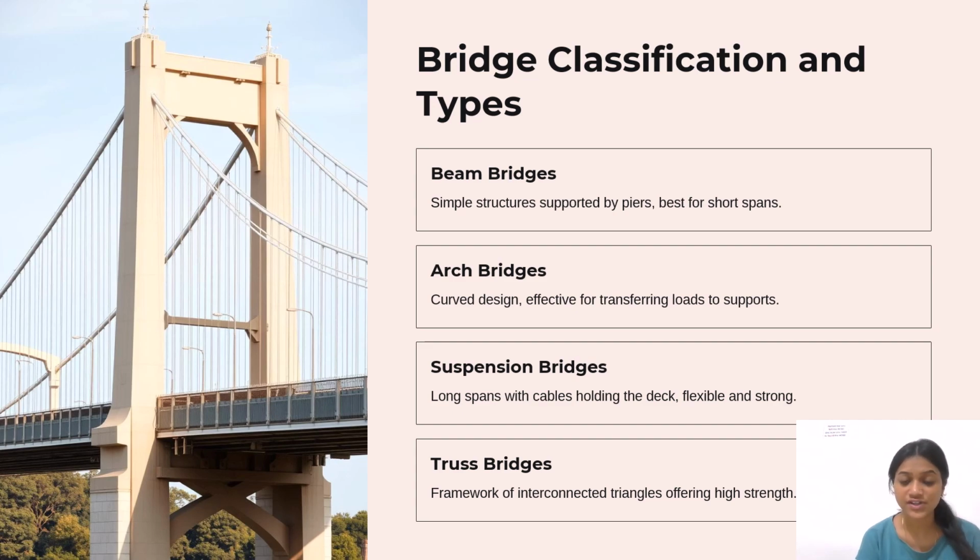And the last one is truss bridges. Truss bridges are constructed like a framework of connected triangles, offering high strength. So basically, bridges are structures built to connect two places separated by obstacles like rivers, valleys, or roads. Bridge engineering is about designing, building, and maintaining bridges safely and efficiently.